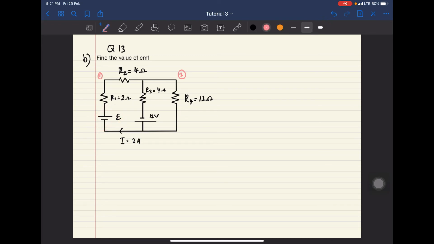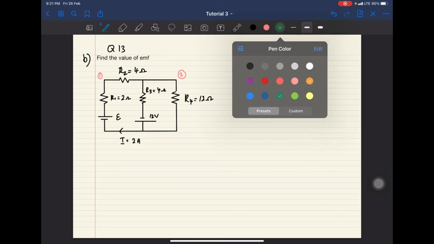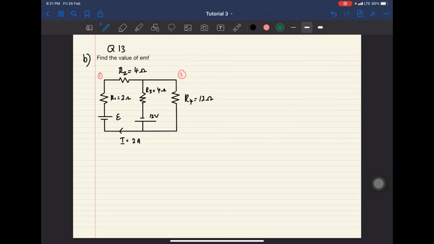So macam biasalah, first thing first, you label the current punya color. Okay, let's say my I represent by green color. So this part is actually my I punya area.